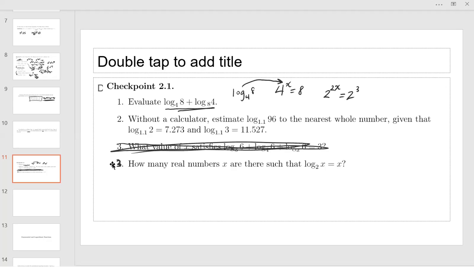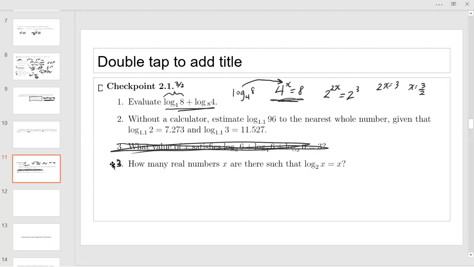So 4 is 2 squared, so 4 to the x would be 2 to the 2x. And 8 is 2 cubed. We have 2x is equal to 3. So x is equal to 3 halves. The reason I solved this equation is that we just get this from the definition of the logarithm. So we have this part is 3/2.